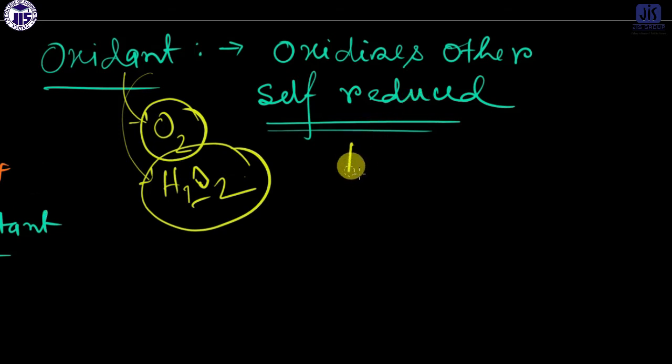Another very common example is nitric acid, HNO3. These are good oxidants because they are themselves reduced.